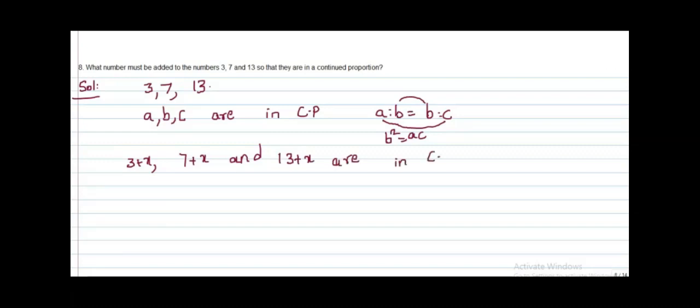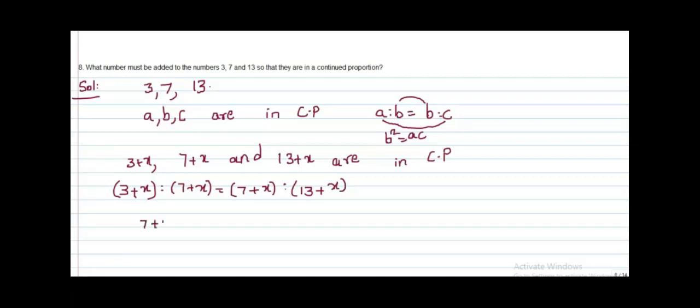So what does it mean? 3 plus x is to 7 plus x is equal to 7 plus x is to 13 plus x. Now we have to apply product of extremes is equal to product of means.